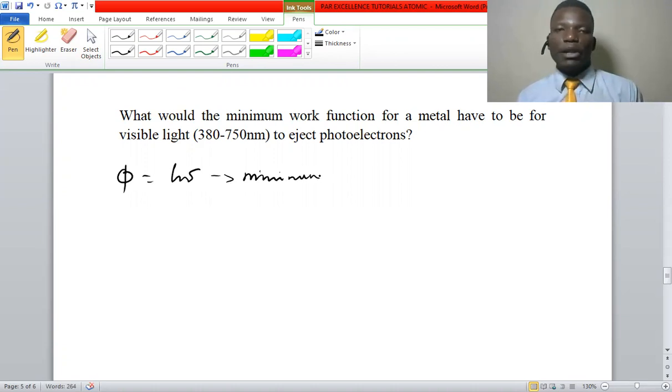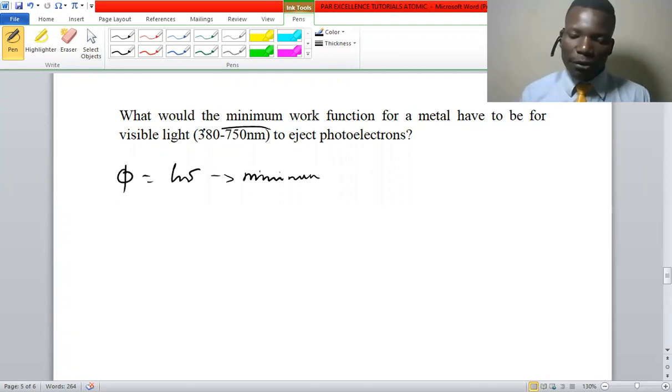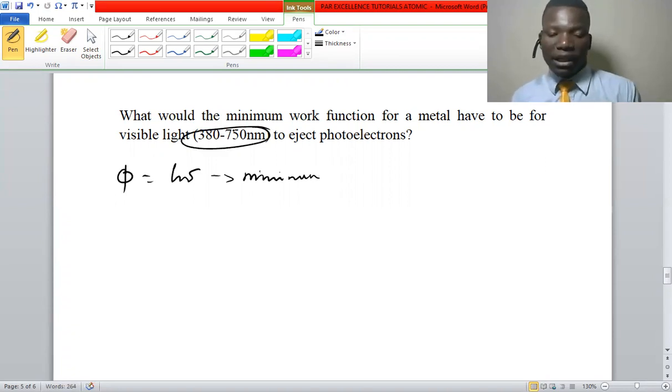So for us to get the minimum, since we've been given the range, we have to pick the smallest wavelength and use that smallest wavelength. Then we'll get the minimum work function.